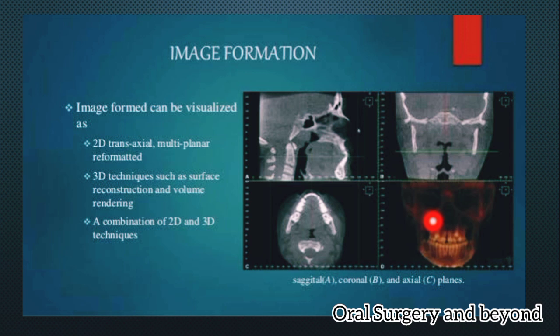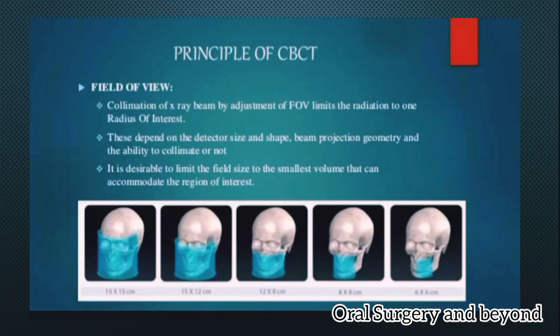So from now onwards, whenever we talk about scans, we will use these terms: coronal, axial and sagittal sections of the mandible or maxilla or sinuses or head and neck bone.